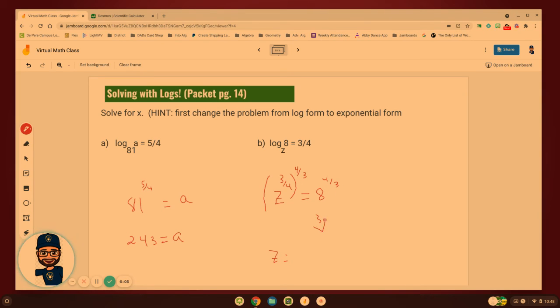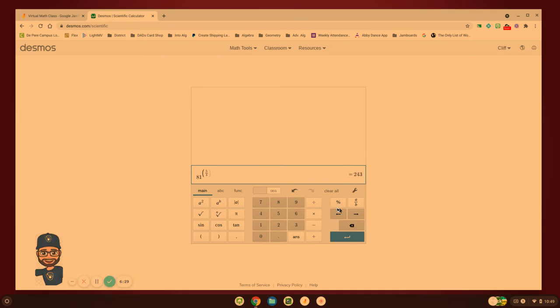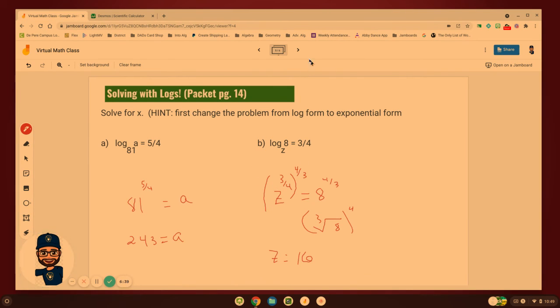Remember, this was the cube root of 8, then whatever answer we got to the 4th power, or 2 to the 4th, which is 16. We'll double-check our answer: 8 to the 4/3 is 16. If you can figure out how to change these from log form into exponential form, it makes solving them so much easier.